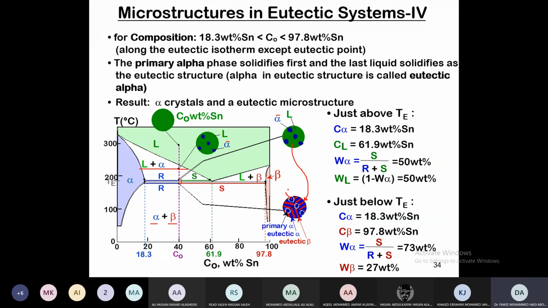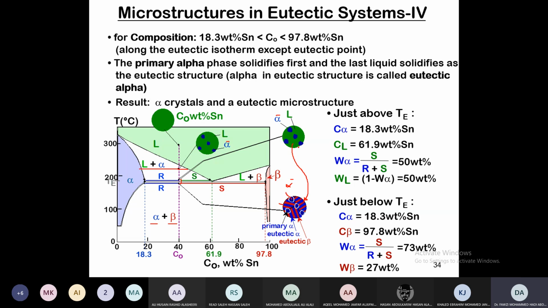This alpha is called the alpha prime, or also the primary alpha. The other alpha, which formed after the eutectic isotherm, is called the secondary alpha. This alpha prime is also referred to as the pro-eutectic microstructure, and alpha and beta are called the eutectic microstructures.